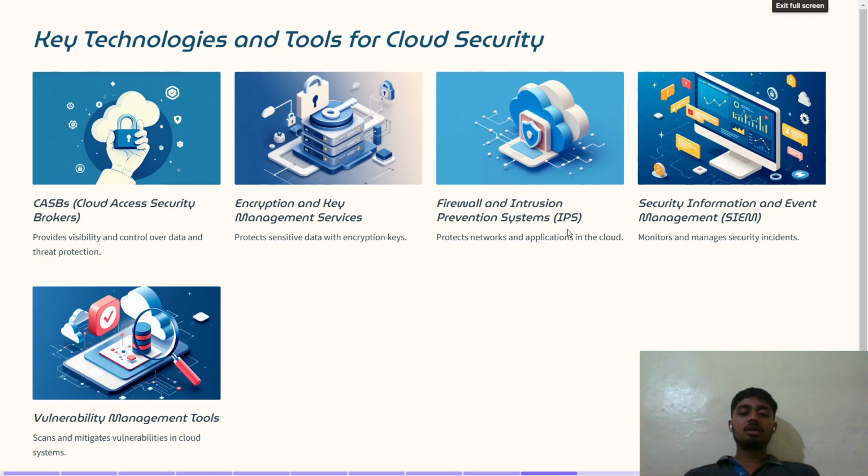Firewalls and intrusion prevention systems, that is IPS, protect the networks and applications in the cloud. Now, security information and event management monitors and manages security incidents. The last one is vulnerability management tools. These are the tools that scan and mitigate vulnerabilities in the cloud systems and prevent threats and breaches from attackers. And these are the main tools which are required for cloud security.